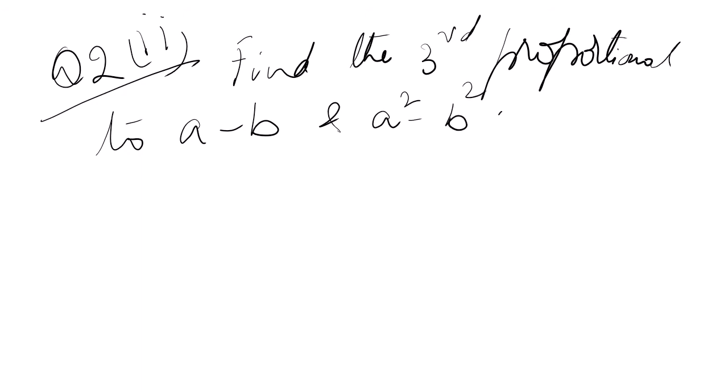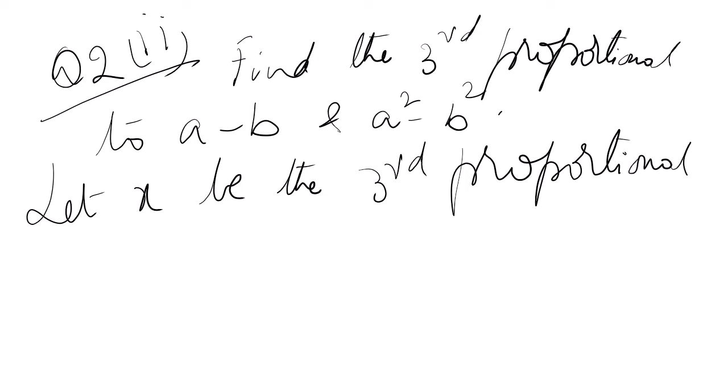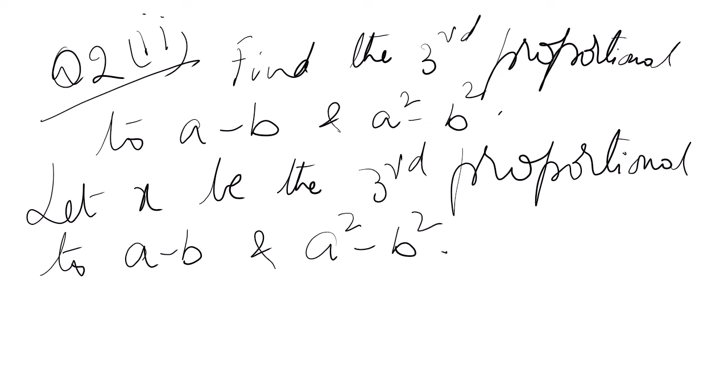So let x be the third proportional to a minus b and a square minus b square.